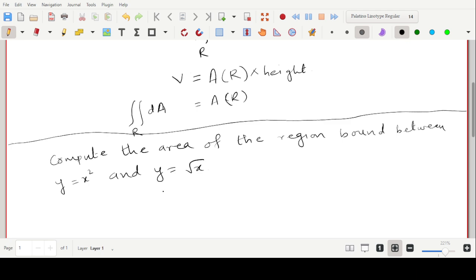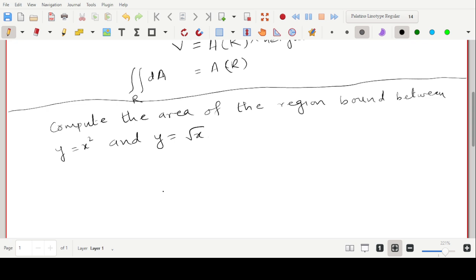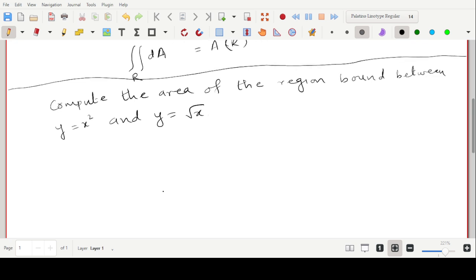So we have seen this region earlier, so I will not explain much about how to draw this region. The region looks something like this.